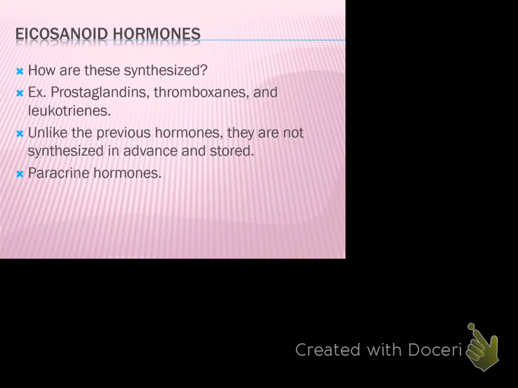That's one of the reasons why you have to have your essential fatty acids that we talked about in previous chapters. And it is paracrine, so they typically only work in the region that they are released from.